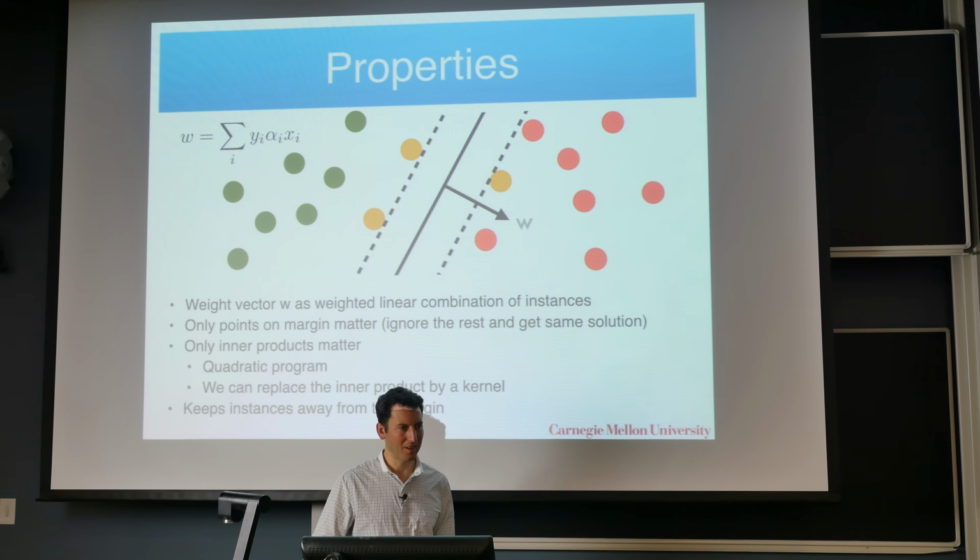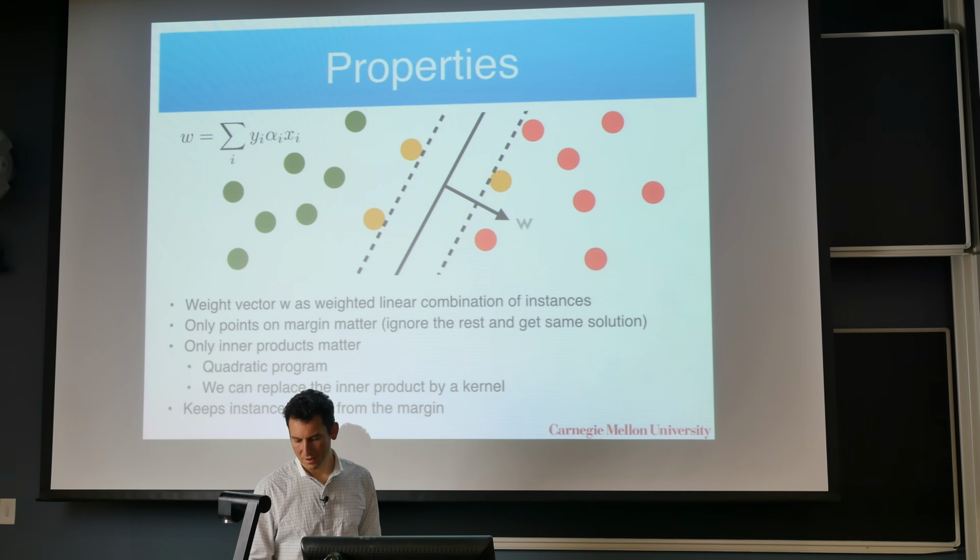That insight that you can go from the standard inner product to a kernel took people about 30 years. Well, more like, no, 25 years. So the original optimization problem was published, I think, in 1968. And the nonlinear version was published in 1991 by the same author.